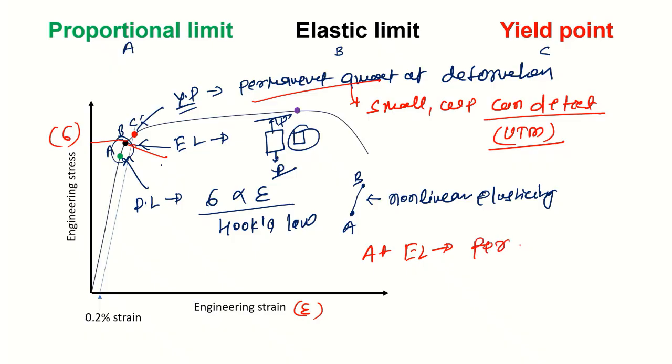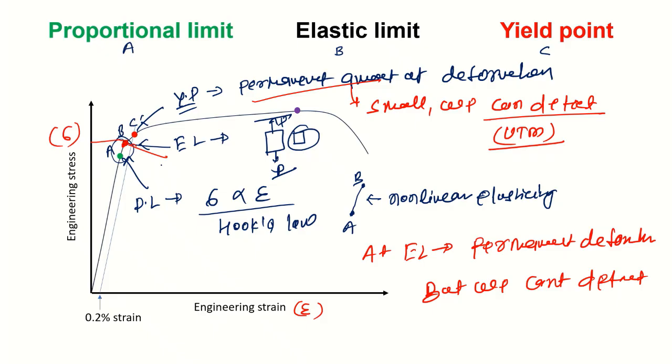There is a possibility of permanent deformation, but we cannot detect it. A very, very small amount of permanent deformation happens at this point B, but we cannot measure it.